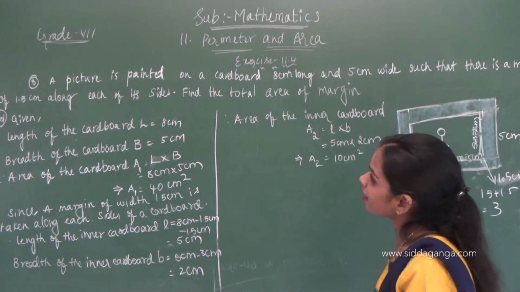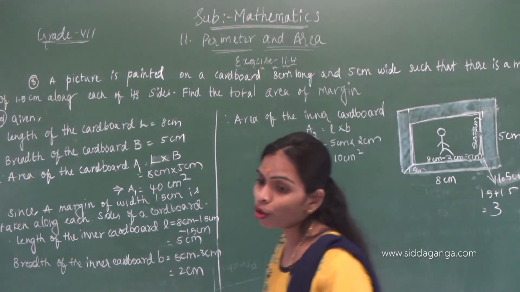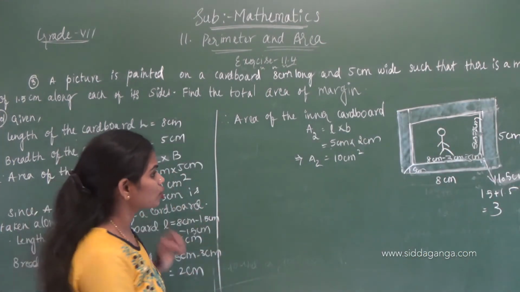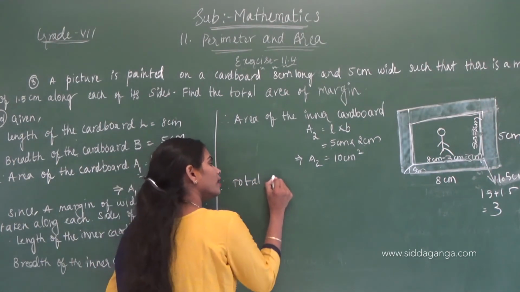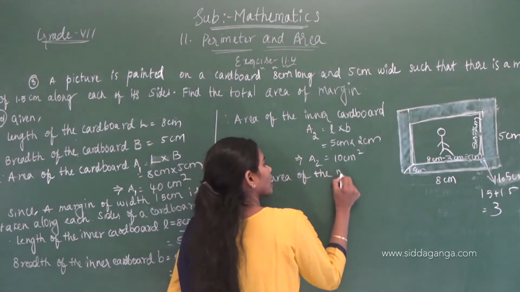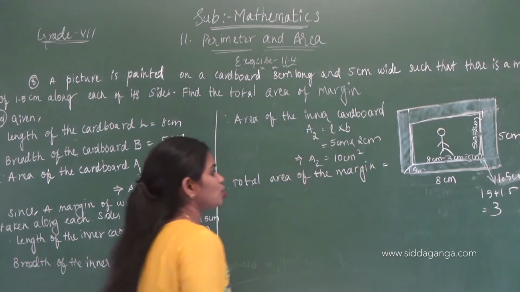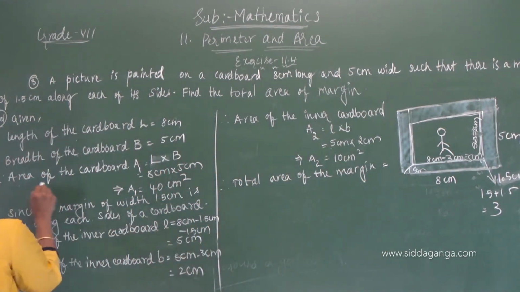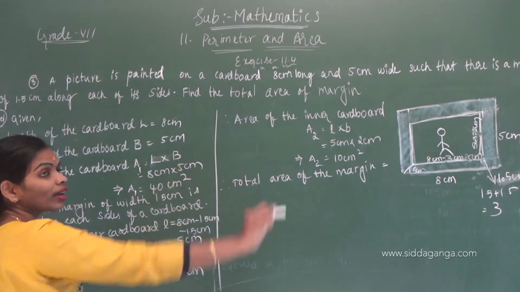Now what we have to find? We have to find the total area of the margin. Therefore, total area of the margin equals the area of the outer cardboard minus the area of the inner cardboard.